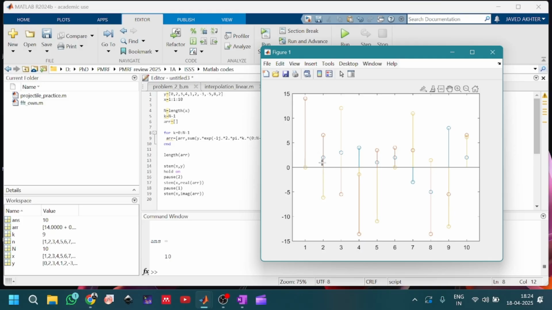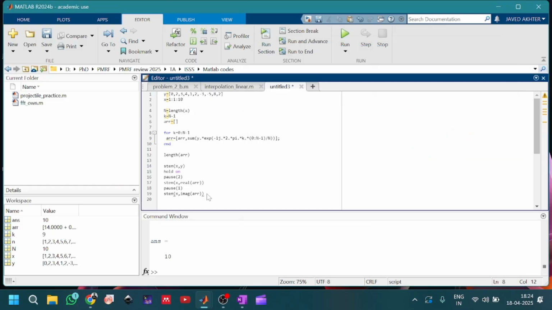Then we look at the real part and imaginary part of the next frequency component in our original signal. In that way we are calculating, and if we want to plot the absolute value, then we can do it with this absolute command. So let me pause again.